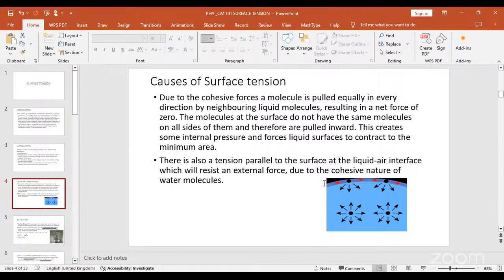So at the surface there will be some negative forces going in the opposite direction. That negative force ensures that the substance behaves in a stretched form, like a stretched membrane or a covering.